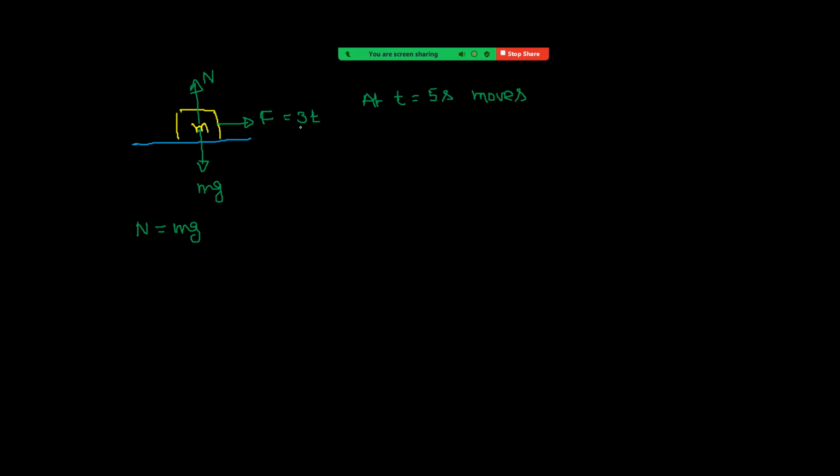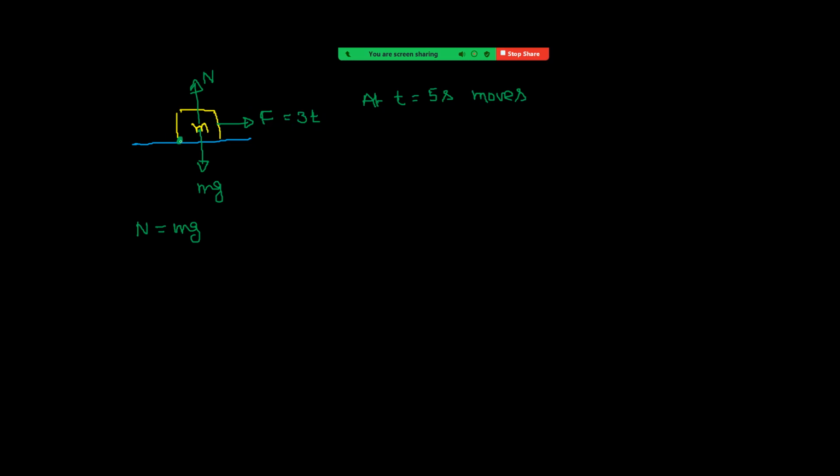That means there must be some other force which is balancing this applied force. Since this force is horizontal, there must be a force which is horizontal and opposite to the direction of this applied force.